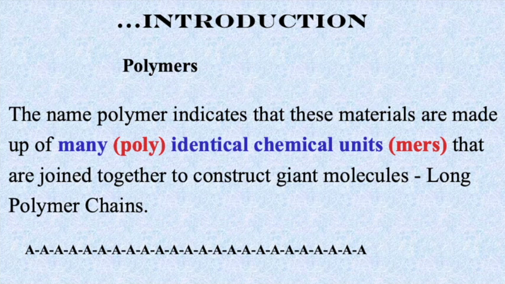So long chains connected together with this identical repeating unit, like A connected to A connected to A connected to A. Then that chain and another chain next to it, those are polymers. That's the basic structure of polymers.